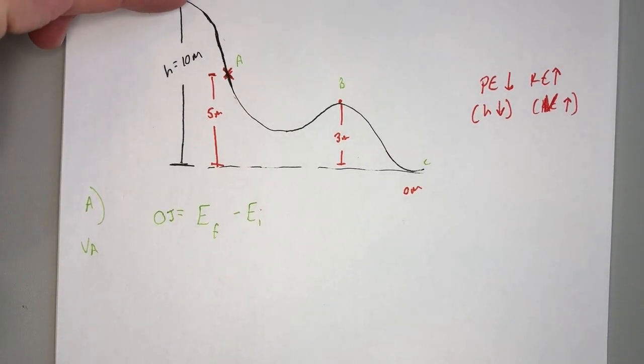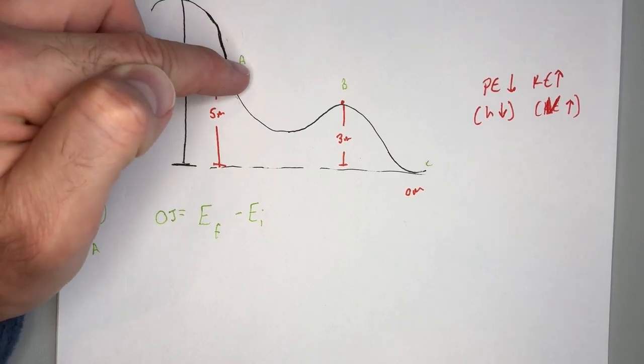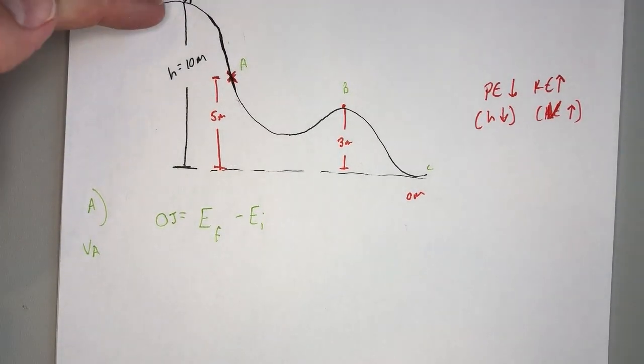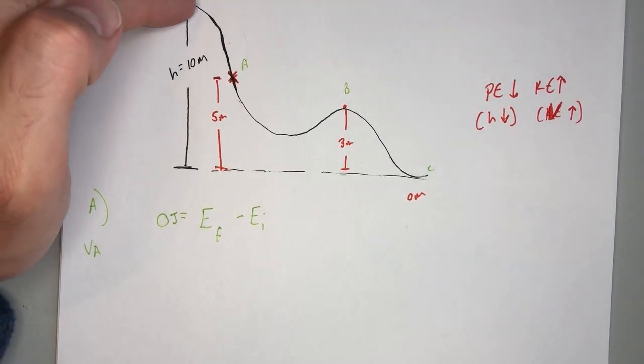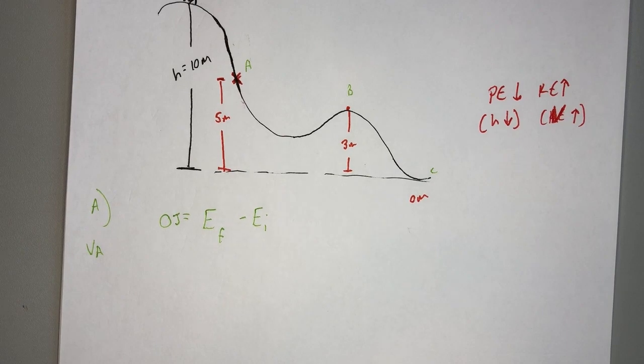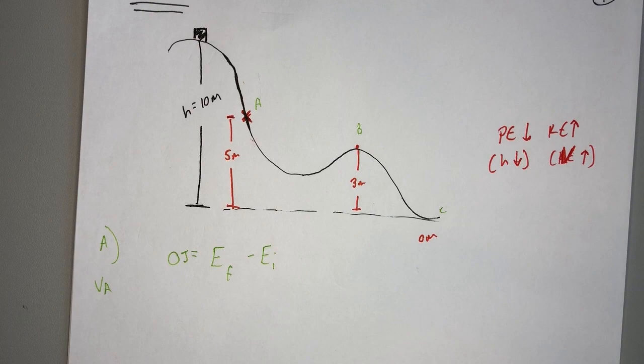If you had a block go from 10 down to 5 straight, or go from 10 down to 5 through a curvy path, because we're ignoring friction and gravity is a conservative force, the big difference is it fell a height of 5 meters and its PE transformed over to KE. So technically, if we're ignoring friction, those two objects would be going the same velocity because they've fallen 5 meters in the vertical direction.